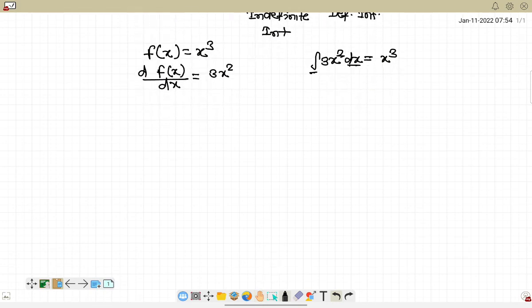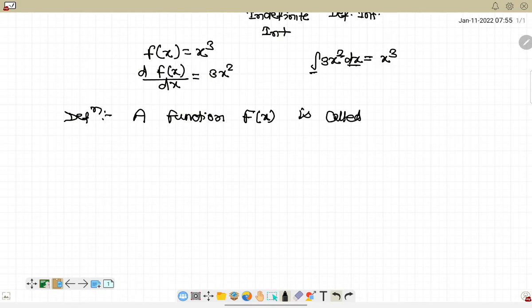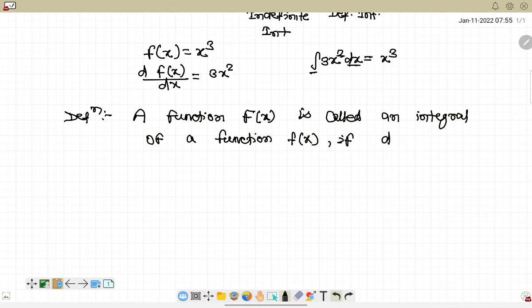First we define: a function, this time I am writing capital F(x), is called an integral of a function small f(x) if the differentiation of capital F(x) with respect to x is equal to small f(x).